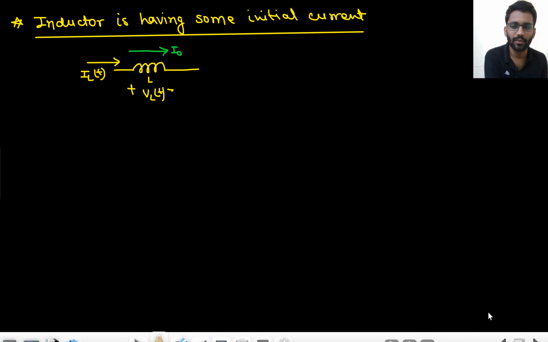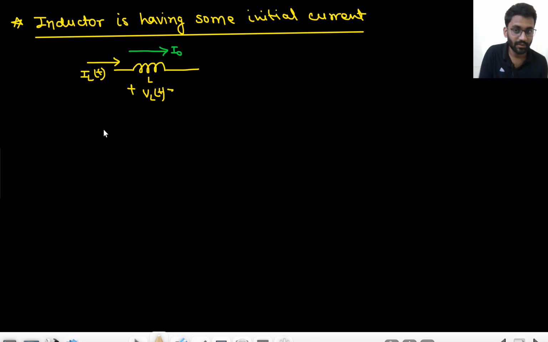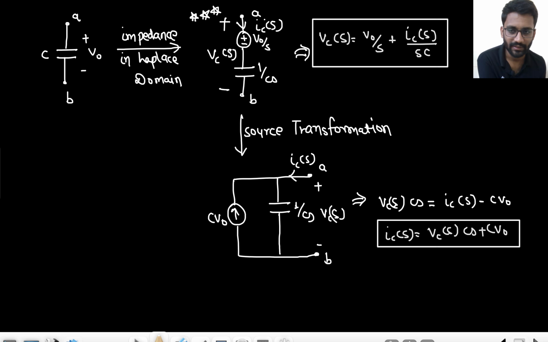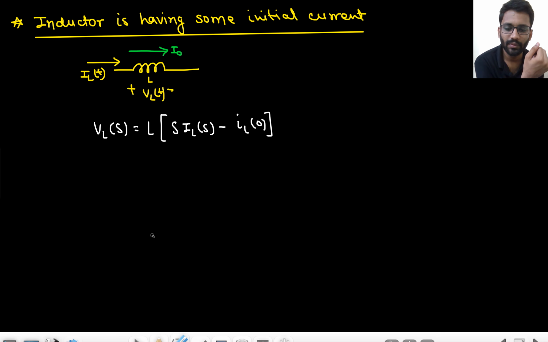So similarly we will solve. This line I am writing: VL of S. So VL of S is L into L di by dt. So L di by dt, it is S IL of S minus IL value at t equals to 0. I should have written small IL of t, right?